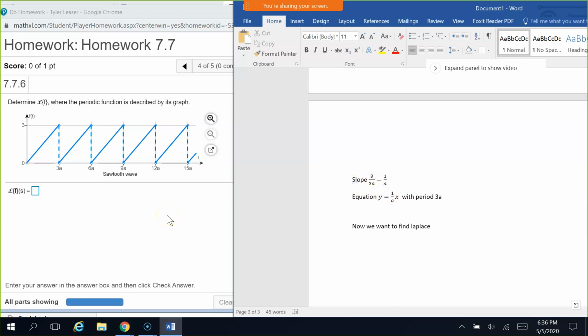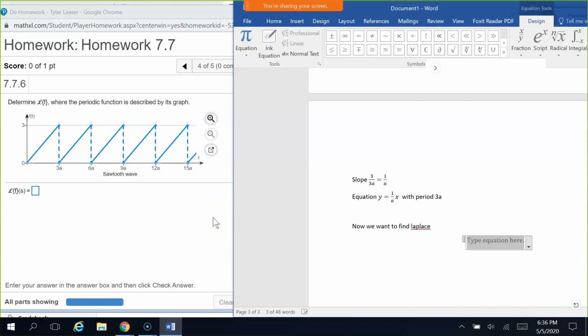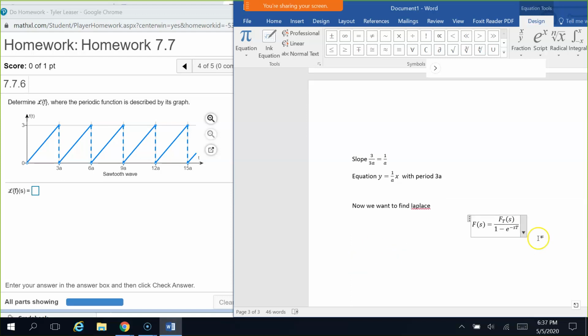Now, whenever you're finding the Laplace of a periodic function, there's a formula to it, and this is the formula, coming right out of the book. The Laplace transform is the Laplace transform of the periodic function divided by 1 minus e to the negative sT, where that capital T is the period.